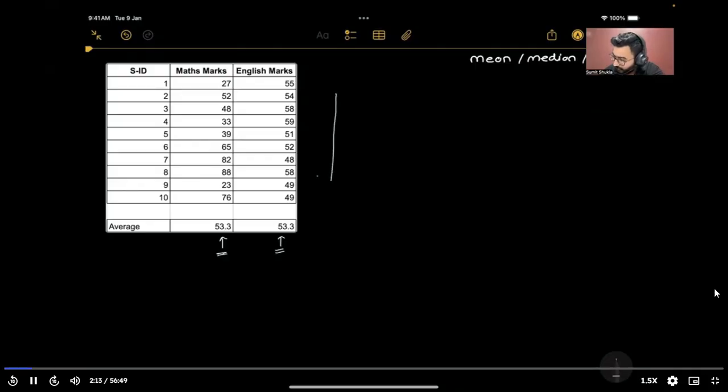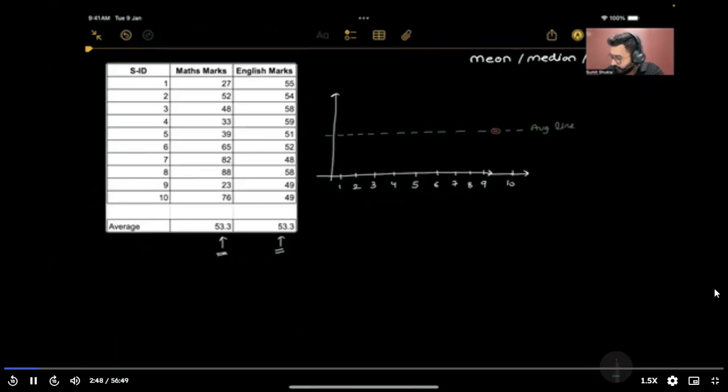Here, let's say this represents student ID 1 to 10, and I'll use a green color. Let's say this is 53, so this line is the average line. I'm using 53 as of now, rounded off. Now let's plot each point.